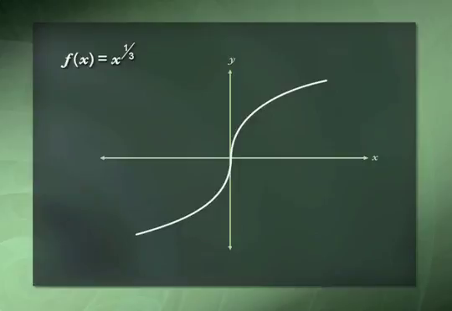x to the 1/3, we observed that at 0, the curve has a vertical tangent. In a sense, it's instantaneously vertical as I cross the origin. Now remember what x cubed looked like? x cubed is the inverse of x to the 1/3. It's kind of like a flip.